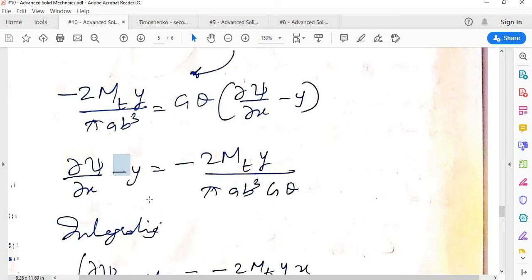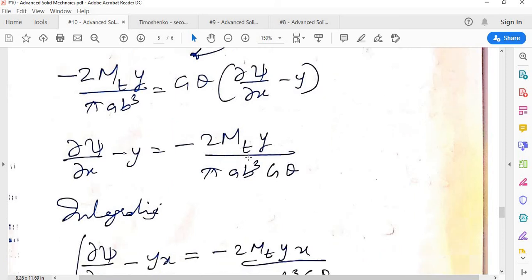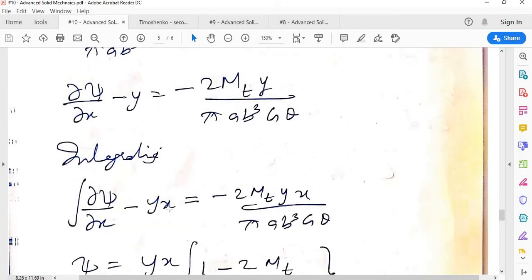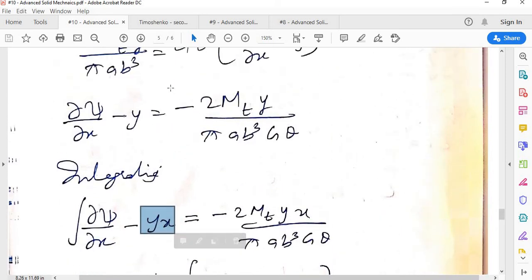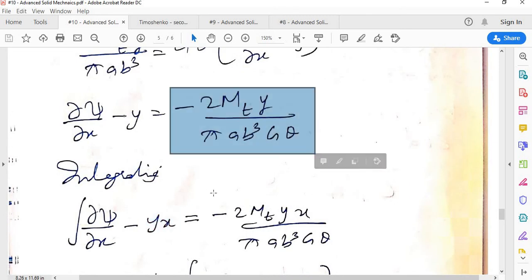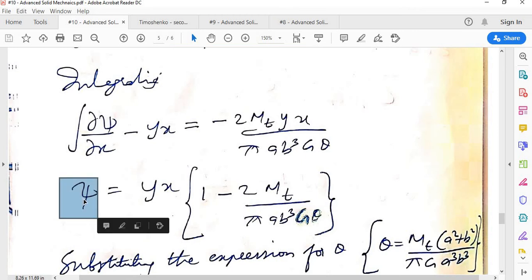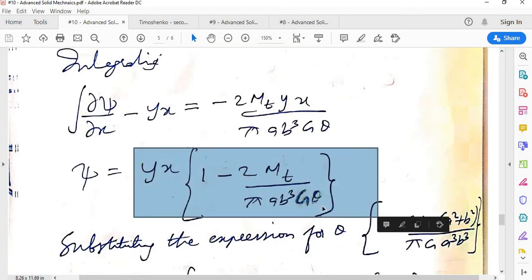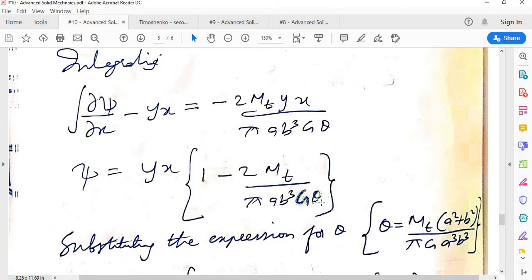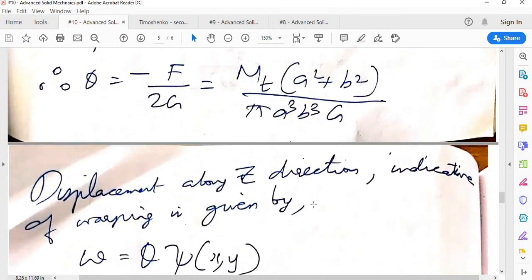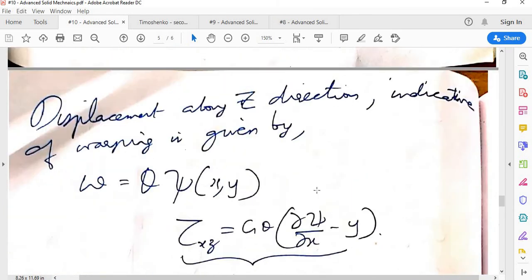When you integrate with respect to x, y is a constant. This is also independent of x, so it will be a constant. So you will have yx and this expression into x if you integrate both with respect to x. So you will get the expression for the warping function. Then you have the term of theta, for which you can substitute what we have read here.